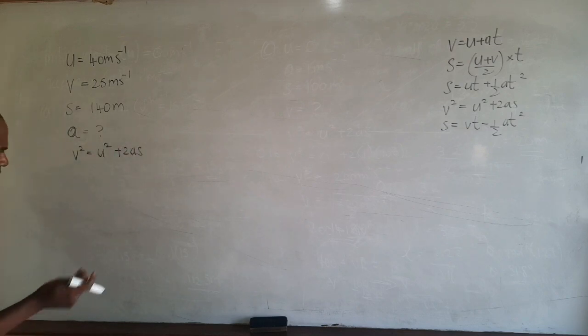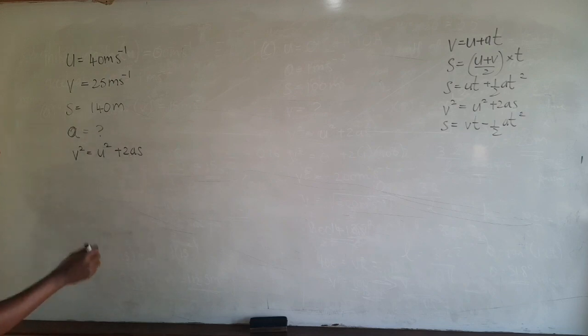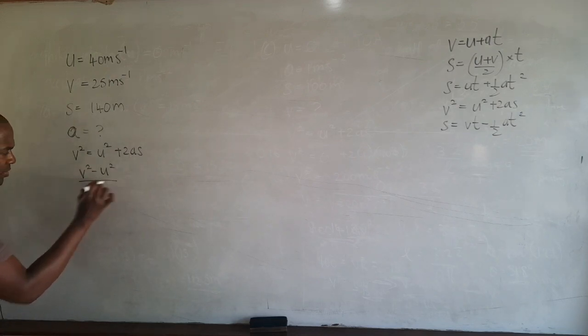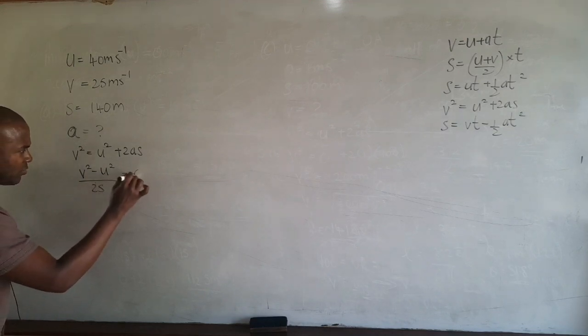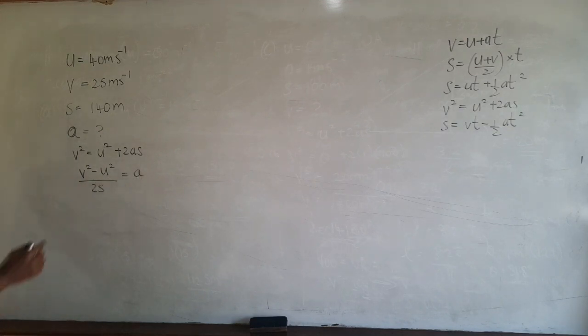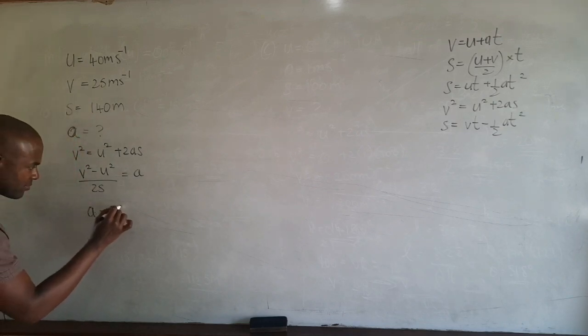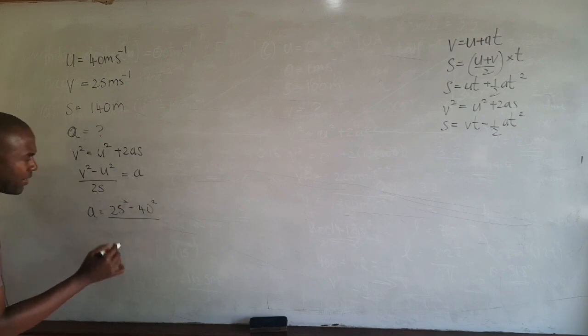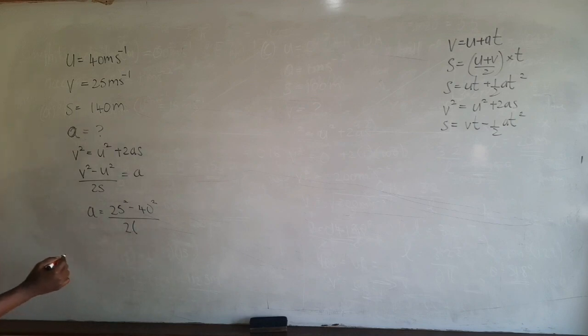We can transpose right away to make a the subject, and so we get that v squared minus u squared over 2s is equal to a. So now we can substitute the values into the equation, and so a is equal to 25 squared minus 40 squared divided by 2 times 140.